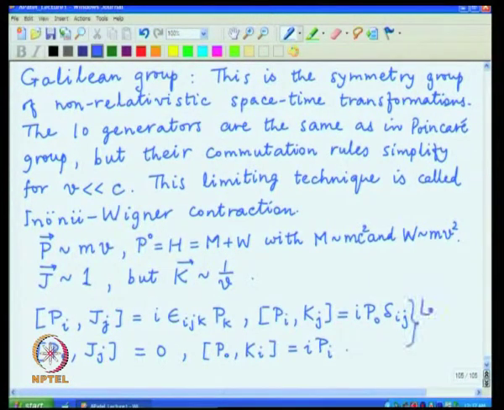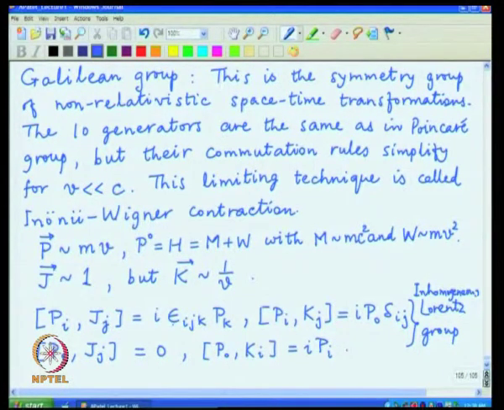So, these are rewritten commutators between p mu and j rho sigma, which I wrote down earlier in the case of the Poincare or inhomogeneous Lorentz group. Now, we can see what happens if one does a power counting for these particular rules, and that allows us to understand why k has to scale as 1 over v.